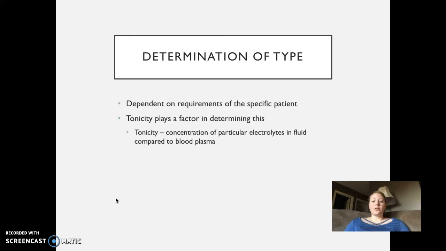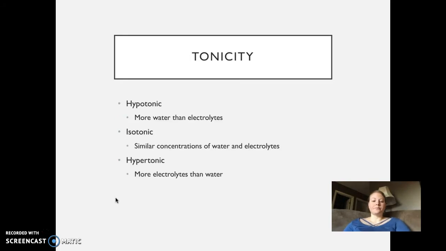Of course, our doctor is going to be the one determining the type of fluid, but this way you know the reason why. Tonicity also plays a factor in determining this. Tonicity is the concentration of particular electrolytes in the fluid compared to blood plasma. So always keep that in mind. It's the type of fluid compared to blood plasma. Okay, we'll break these down in just a second.